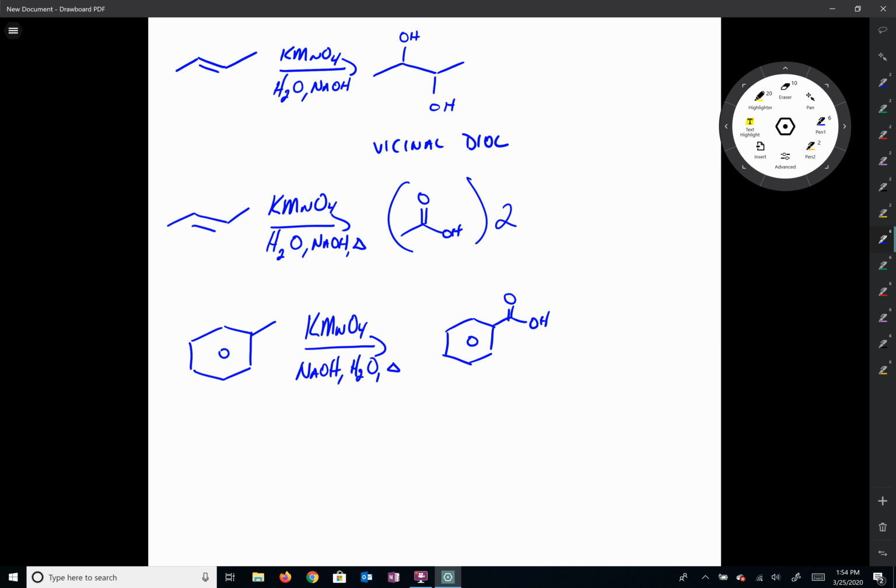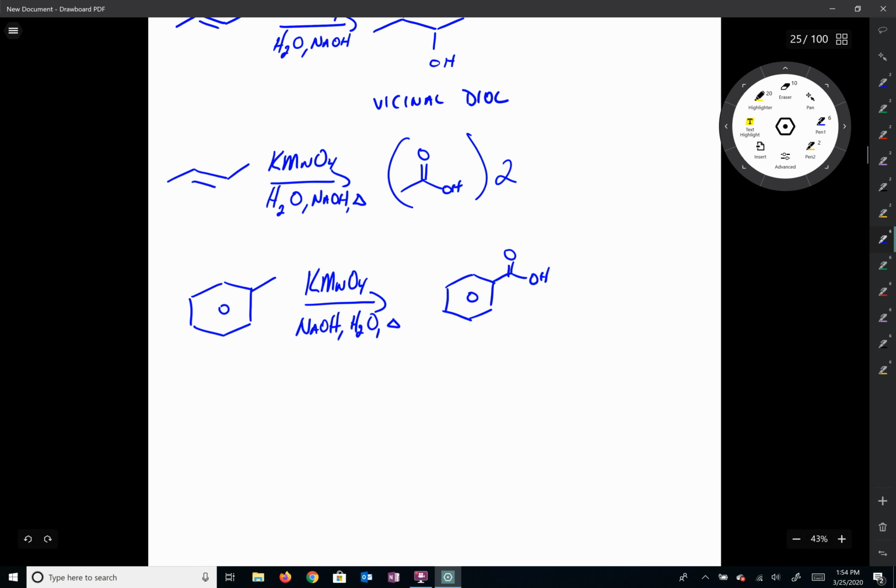So, wow, that's pretty weird, right? Because if we just take butane and we put it under the same conditions, nothing's going to happen. Nothing significant is going to happen.